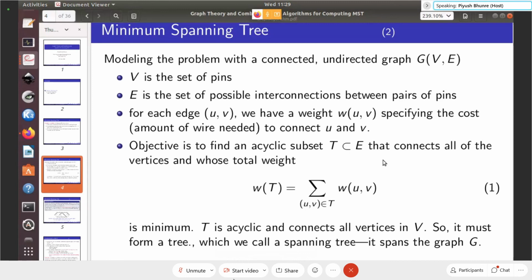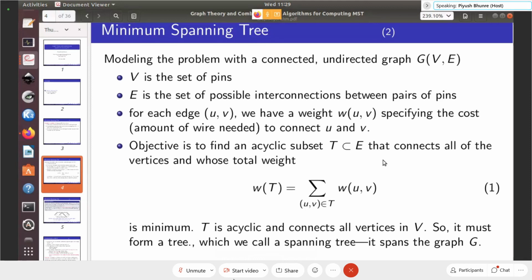Weight means the cost, the money required to construct that particular connection. You take the sum of the costs of all the edges that are in T. Okay, so that's our objective.